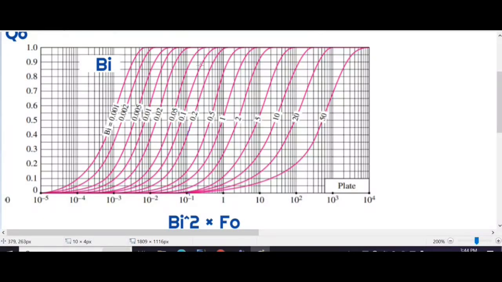So we have to select here a slightly greater number because the value is 0.135. So I will select this point, and from this point we will draw a vertical line. Here is the point of intersection, and from this point of intersection we will again draw one horizontal line.